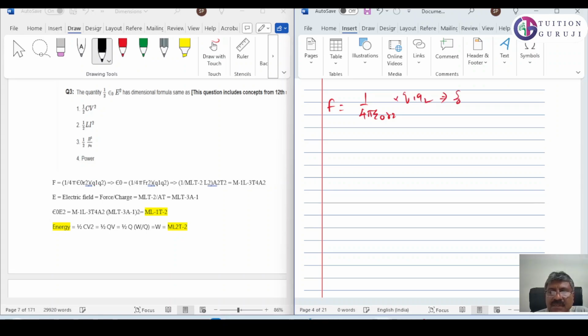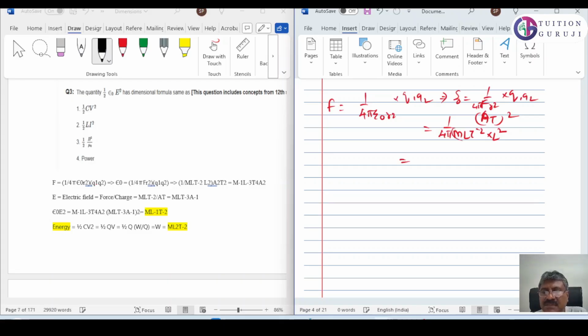So from this, epsilon 0 is equal to 1 by 4 pi F R square into Q1 Q2, which is nothing but 1 by 4 pi M L T raised to minus 2 L square into A T square.